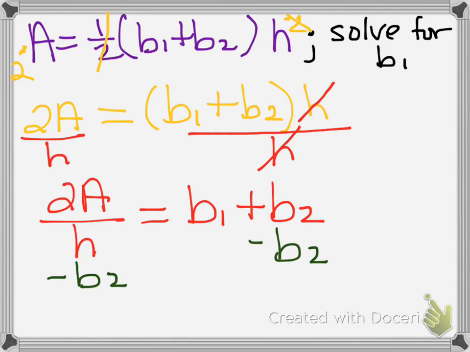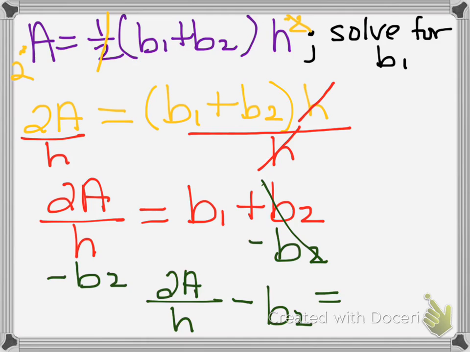And when I do that, looking at the left, what I have written down is 2a over h minus b2. That's exactly what I write. On the right, the b2's cancel, and I'm left with equals b1.